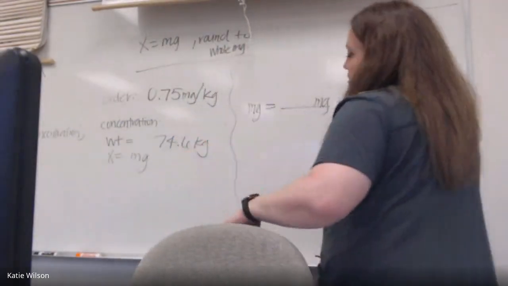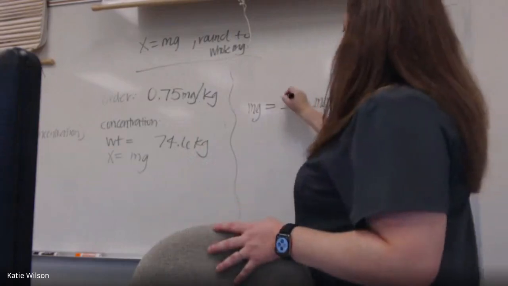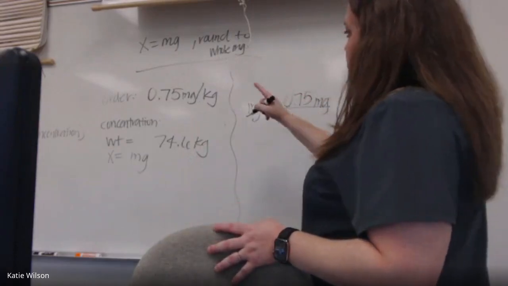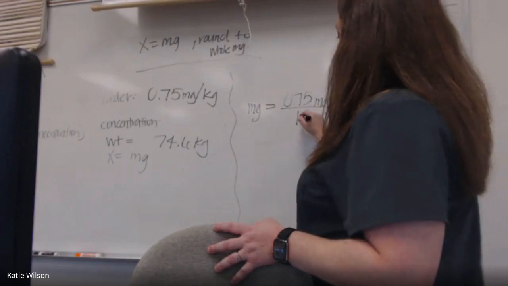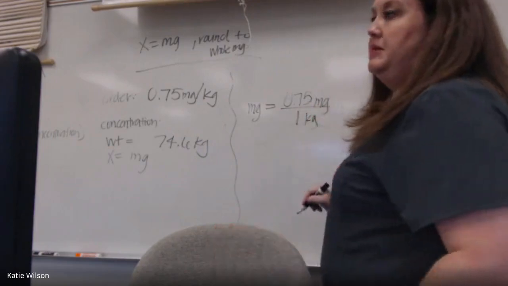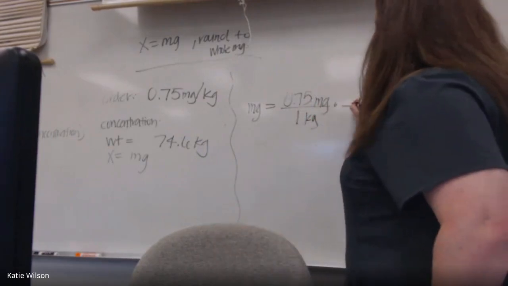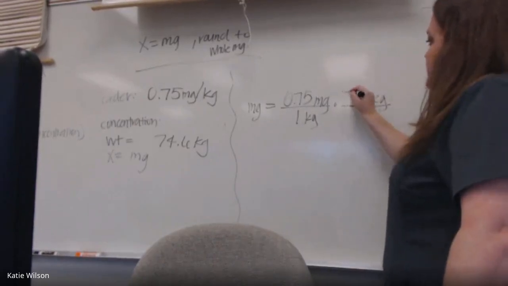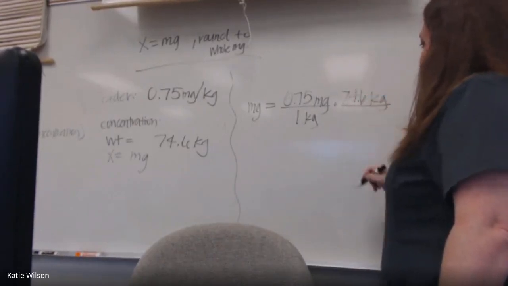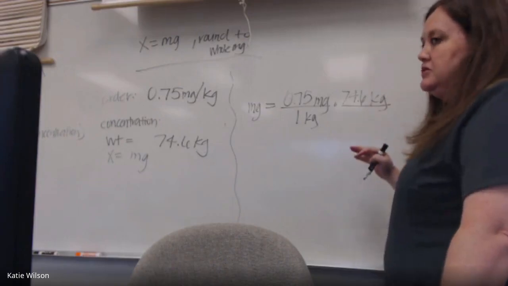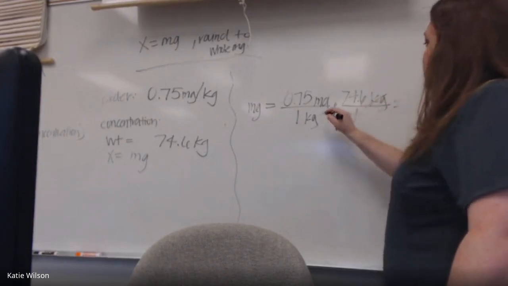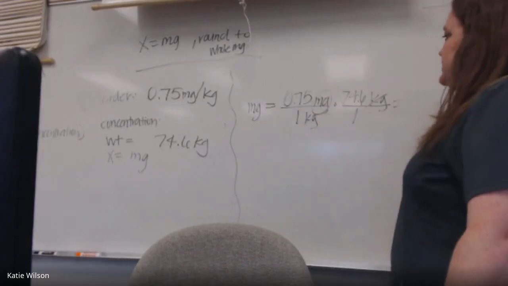what does it tell us in our problem? 0.75. Our order is 0.75 milligrams for every 1 kilogram the patient weighs. I want to cancel out kilograms. And the patient weighs 74.6 kilograms. There's no other information related to that, so we're going to put it over 1 to hold the place. Kilograms cancel out, milligrams is remaining.